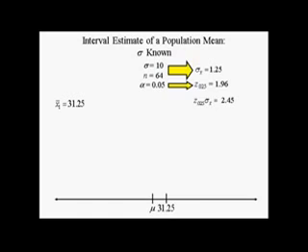Only your deity knows this. The upper endpoint of the interval estimate equals x bar, 31.25, plus the margin of error, 2.45, which equals 33.7. The lower endpoint of the interval estimate equals x bar, 31.25, minus the margin of error, 2.45, which equals 28.8.